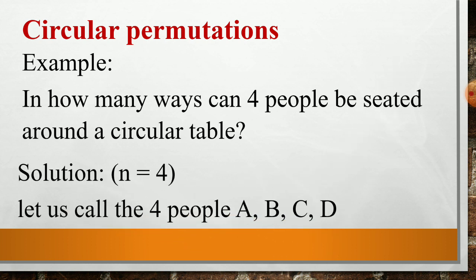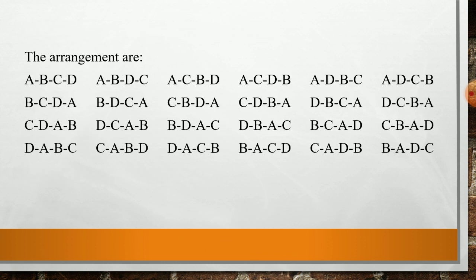Then let us call the 4 people A, B, C, and D. So we have here the possible arrangements of the 4 people. Observe that all arrangements falling in the same column are just the same because the 4 people are seated around a circular table.